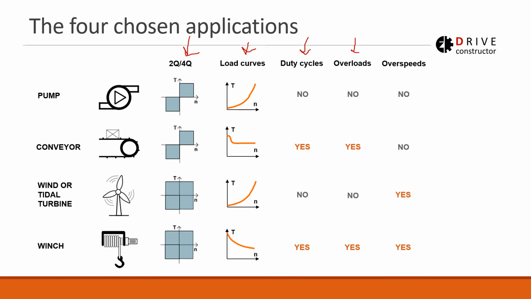So the idea is that you could work with all these 4 applications you see on the left hand side, and they are very different. So when you try working with all 4 of them, you will cover all combinations of different features of the systems, and you know basically everything you need to know about power conversion systems, electric drives and electric machines, and so on.